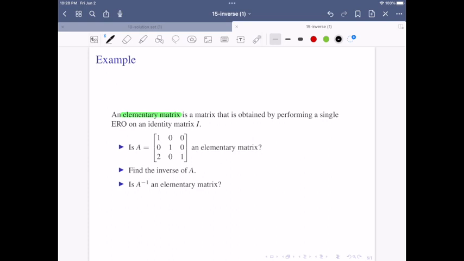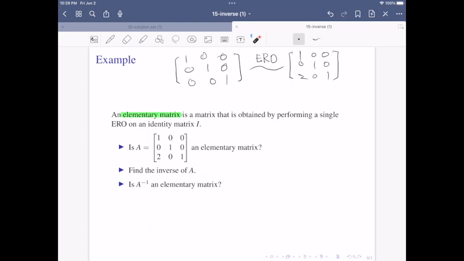because to check if A is an elementary matrix, we should look at the 1, 1, 1 identity matrix, and we ask ourselves, is there any ERO, just one ERO, which makes the identity matrix into A? The answer is yes, because if we look at the first two rows, they're the same.